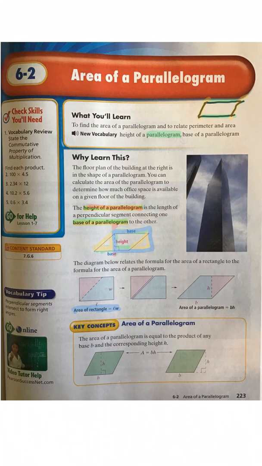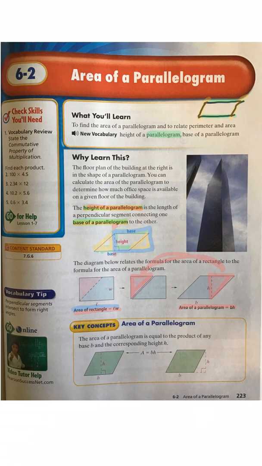So if we disconnected that rectangle, and that's what it's doing right here, and put it over to the other side, it creates a parallelogram. But basically the same thing needs to happen to get the area. But for a parallelogram, it's the base times the height. But you can see that just by putting these in different spots, it's really the same as the area of a rectangle.